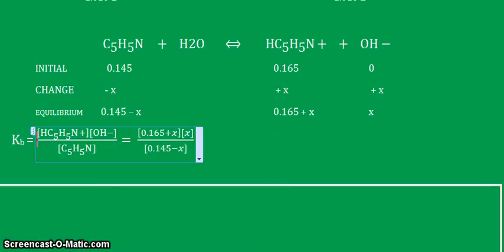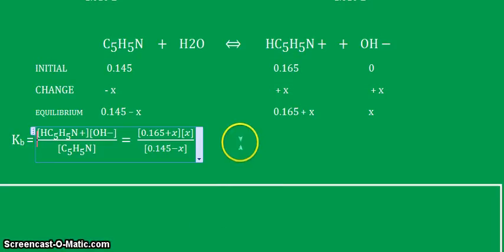Our equilibrium equation is Kb equal to the product of the concentration of the conjugate acid multiplied by the concentration of the hydroxide ion, divided by the concentration of the pyridine. So that is 0.165 plus x times x, divided by 0.145 minus x.